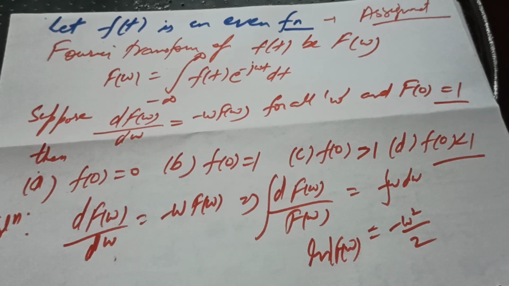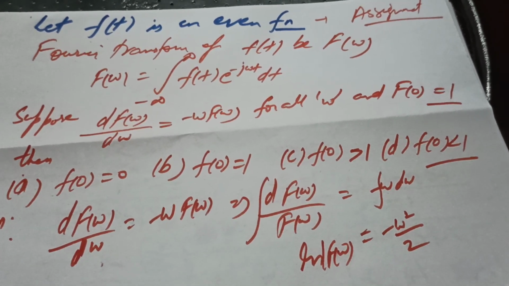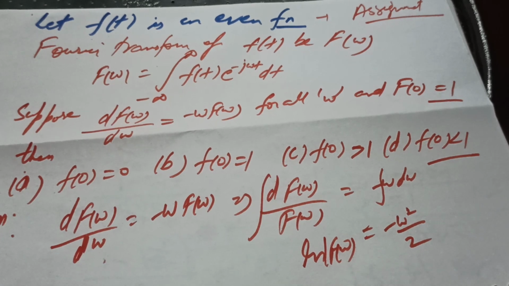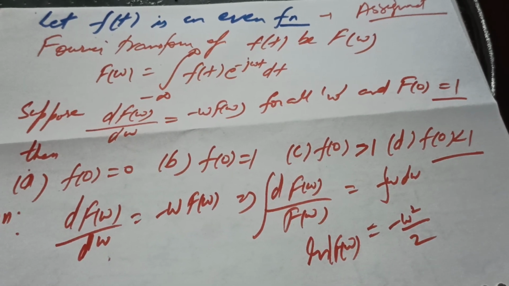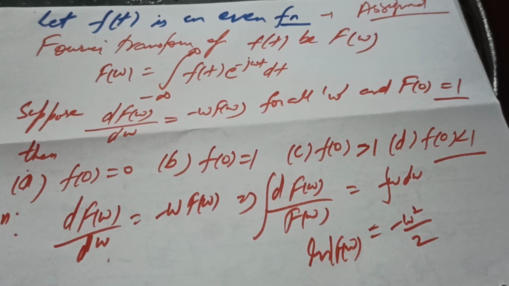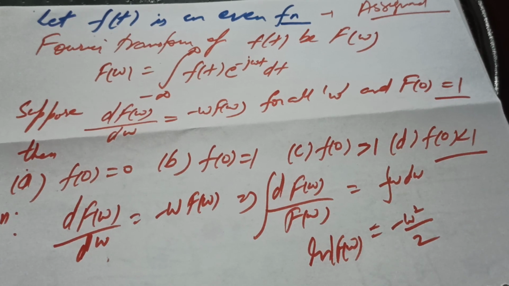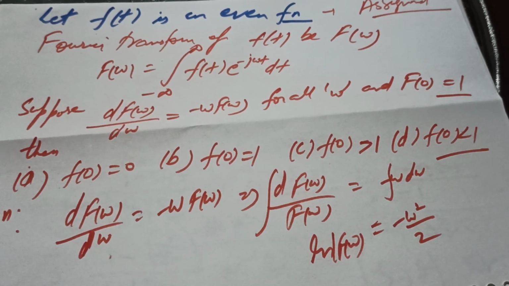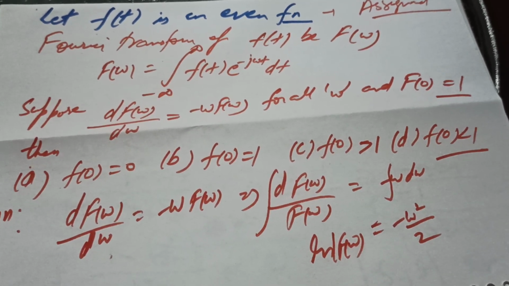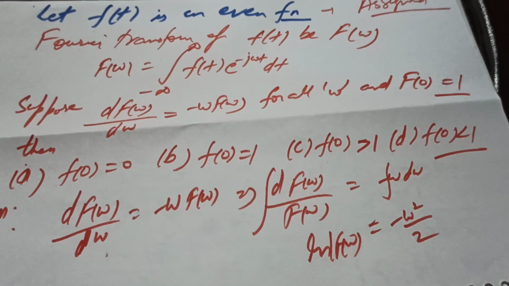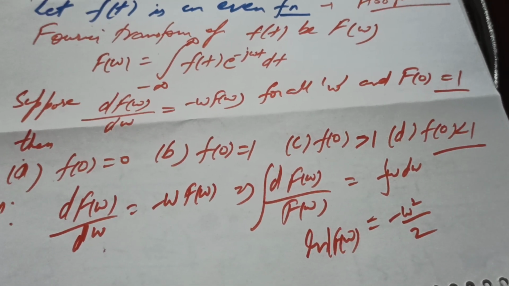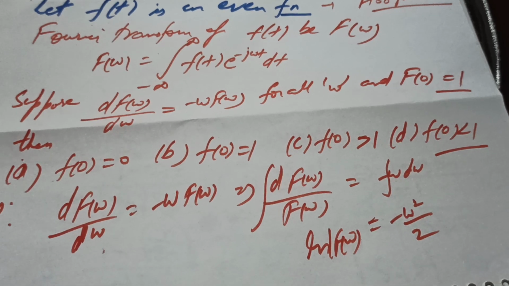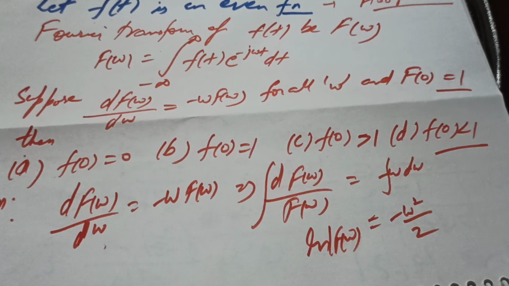So let f(t) be an even function that is given. Now the Fourier transform of f(t) be F(omega). The basic form of Fourier transform is F(omega) equals the integral from minus infinity to plus infinity of f(t) e to the power minus j omega t dt.